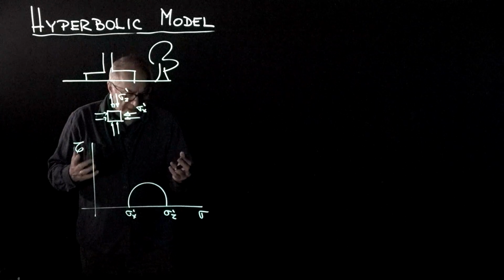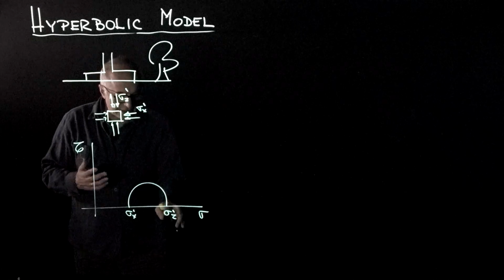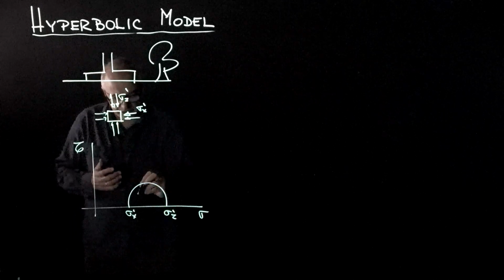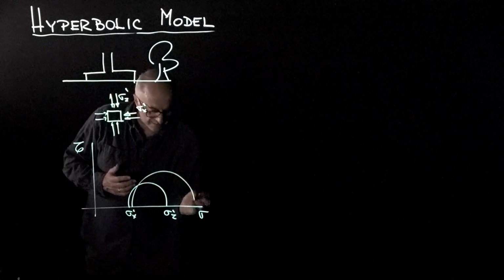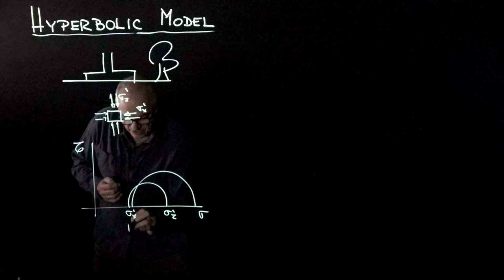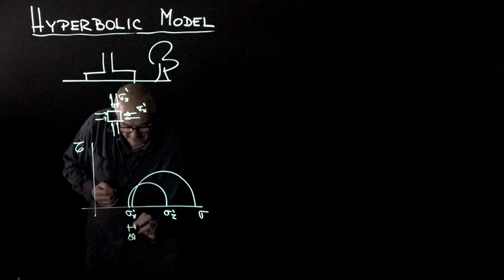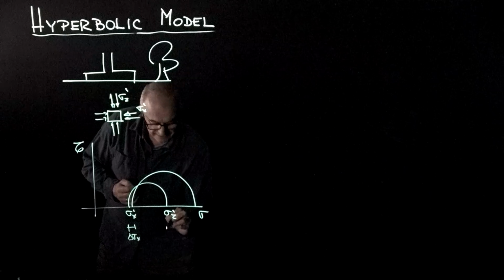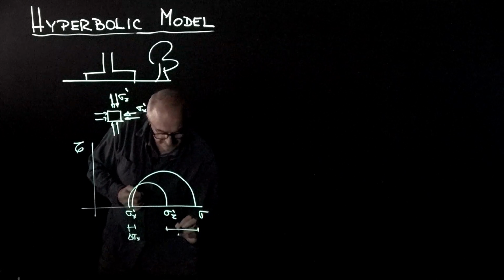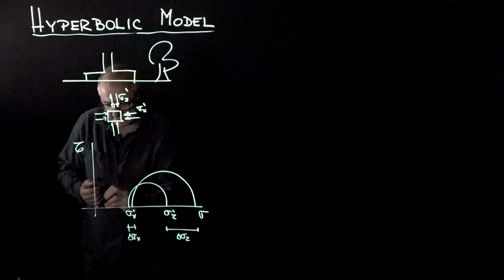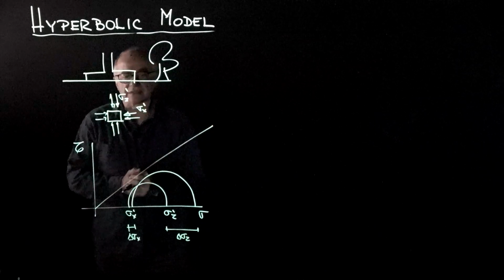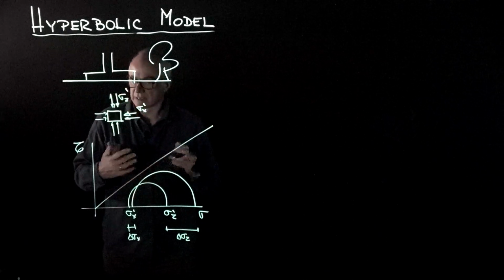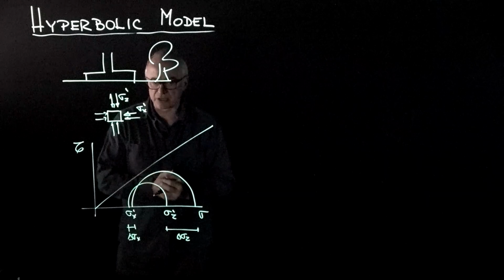So in the simplest of all cases, we would increase only sigma Z, but it may happen that we also increase sigma X, and so this will be delta sigma X, and this is delta sigma Z. And we would do that until the soil encounters the failure envelope, and that means that the soil has reached failure.